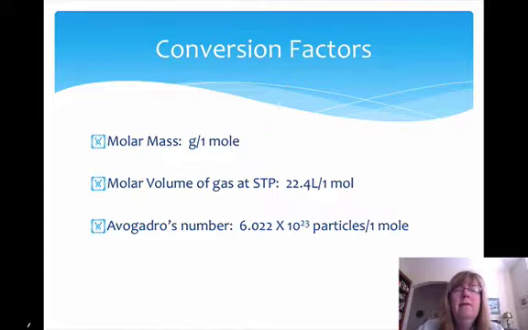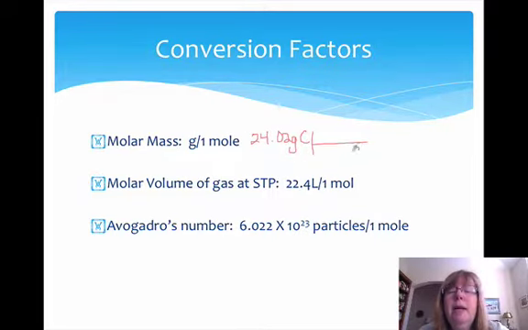So, for instance, if I had, say, 24.02 grams of carbon, and I wanted to go to moles, we're going to set up our little conversion box here. This is in the numerator, or in other words, it's over 1. We want to put grams down here, and mole goes up here. And look what happens. The grams cancel. This is in the numerator, that's in the denominator.